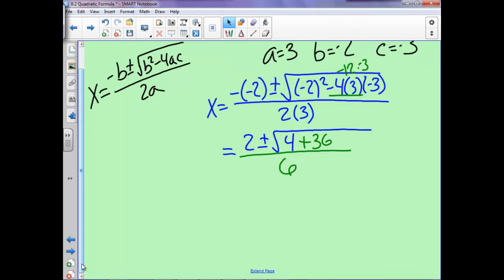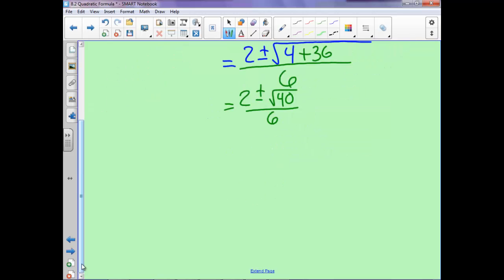So we'll have 2 plus or minus square root of 40 over 6. And we can break down the square root of 40. It's 4 and 10, 2 and 2, 5 and 2. So here's a square.